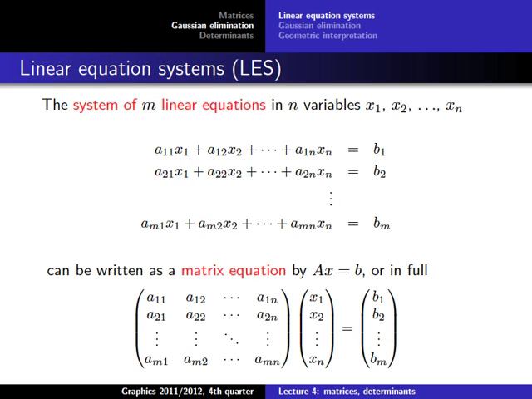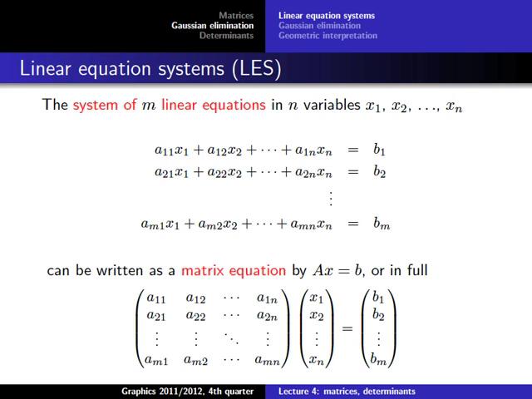Good. Another case where we see this vector notation used in relation to matrices is linear equation systems. A linear equation system is a system of equations. So we have a set of equations, not just one equation, but a number of them. And linear means that the variables in that system are all to the power of 1.